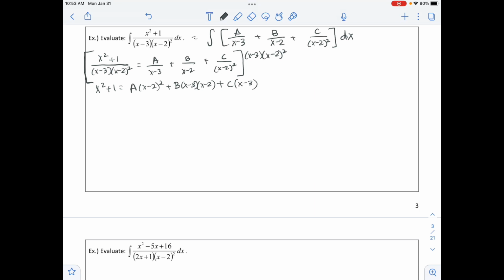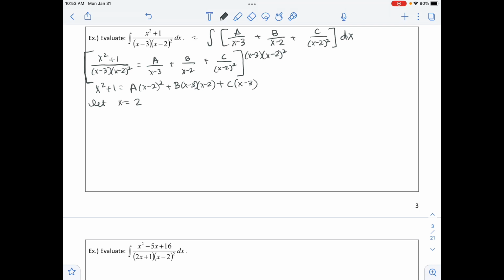So I'm going to say, let's just let x equal positive 2. Why would I pick positive 2 for this problem? What's nice with picking positive 2 is that it's going to zero out certain terms.